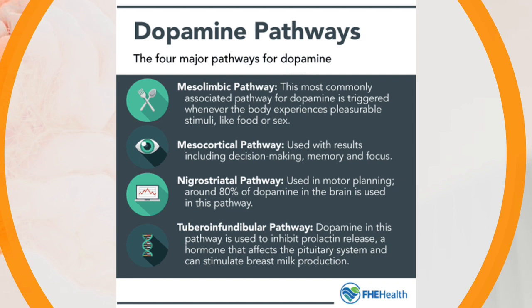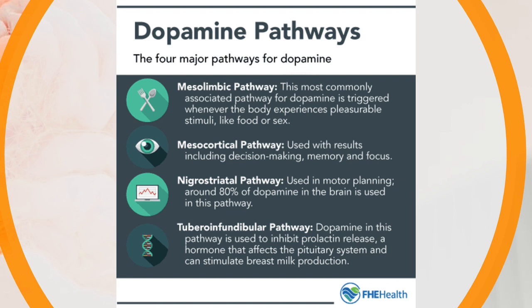The mesocortical pathway, remember, is the decrease in dopamine, with results including decision making and memory and focus. The nigrostriatal has to do with the decrease in dopamine and inverse relationship with acetylcholine producing Parkinsonian like symptoms.